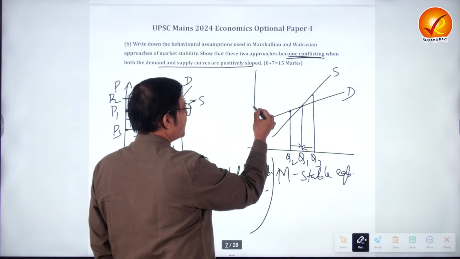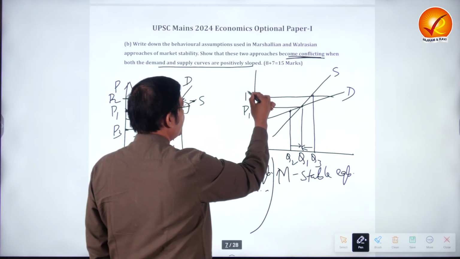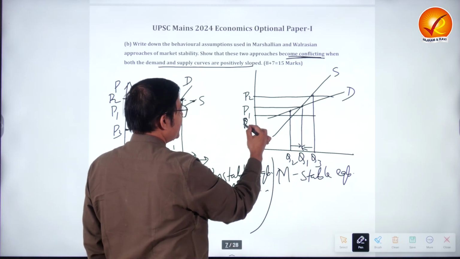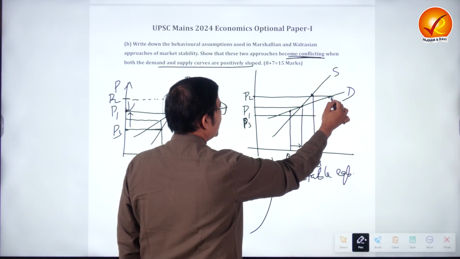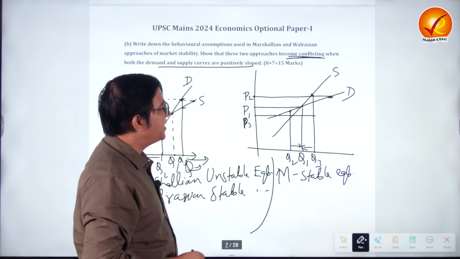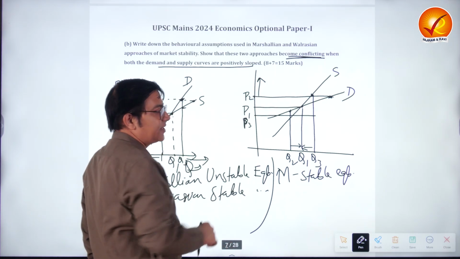And if you look from the Walras side, if you change the price from P1 to P2 or let's say to P3, what will be the situation? At P2 there is excess quantity being demanded. From excess quantity demanded, prices go up.